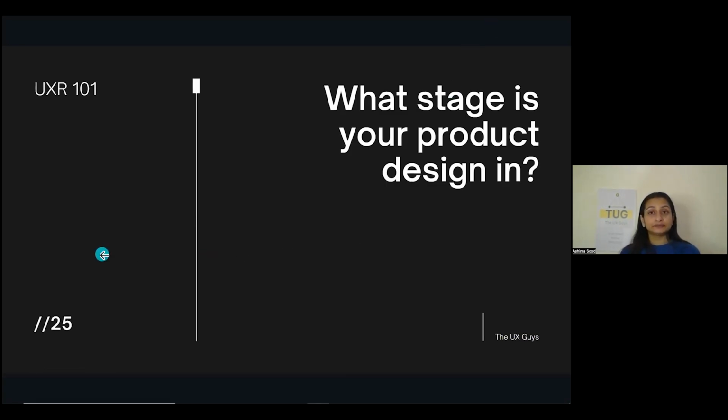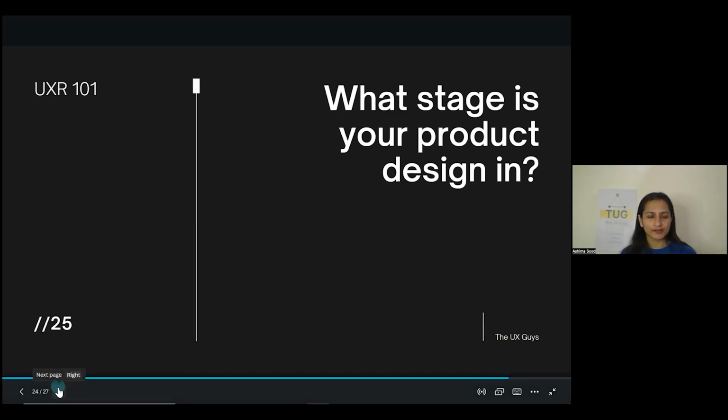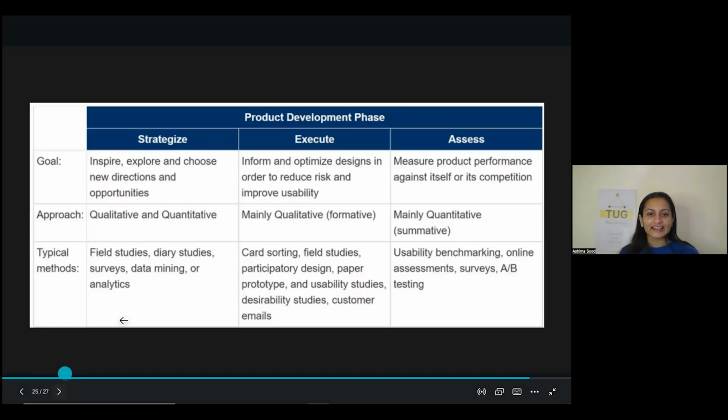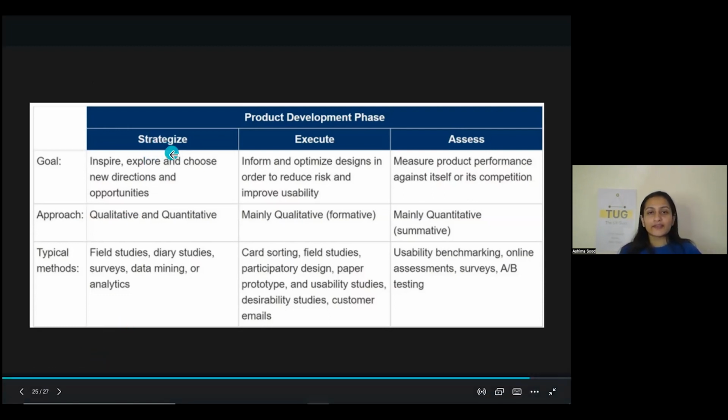The next thing that you want to keep in mind when you're trying to figure out what is the best method for you to implement at that point is what stage is your product in, right? So remember how we started with it happens in every stage of the design process? What you're really trying to do with each stage is very important, right?